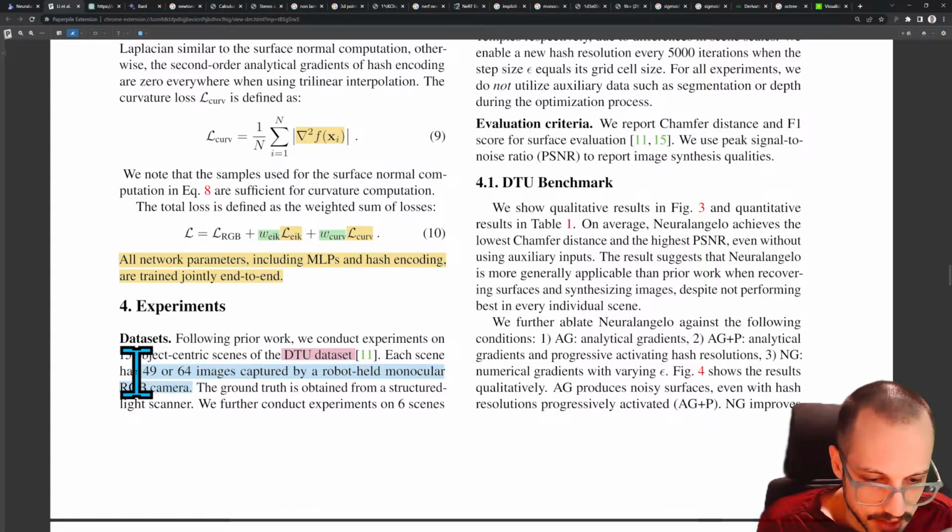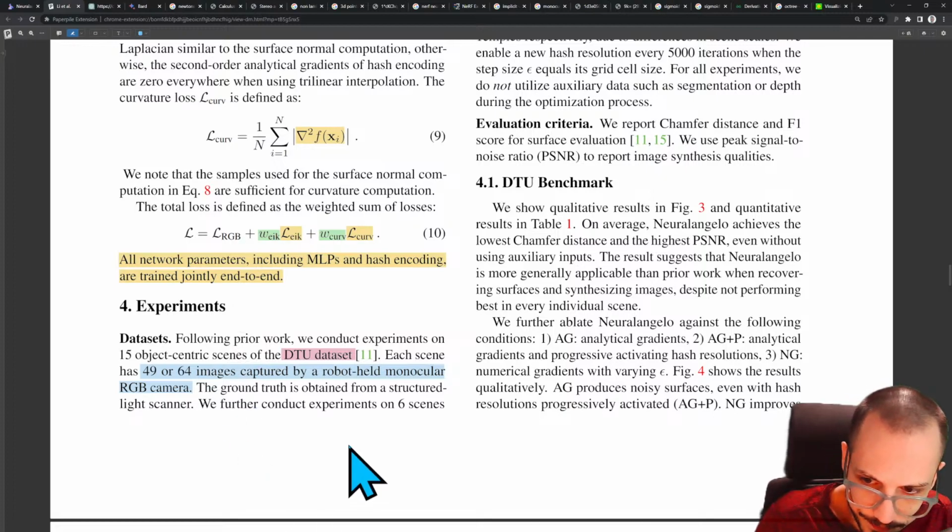It's not going to be very good. There's going to be errors in it. But if the robot is holding the camera, robots are very, very accurate, right? A modern robot arm knows exactly where it is, with sub-millimeter precision. So the camera positions they're going to be using for this optimization process are basically perfect.